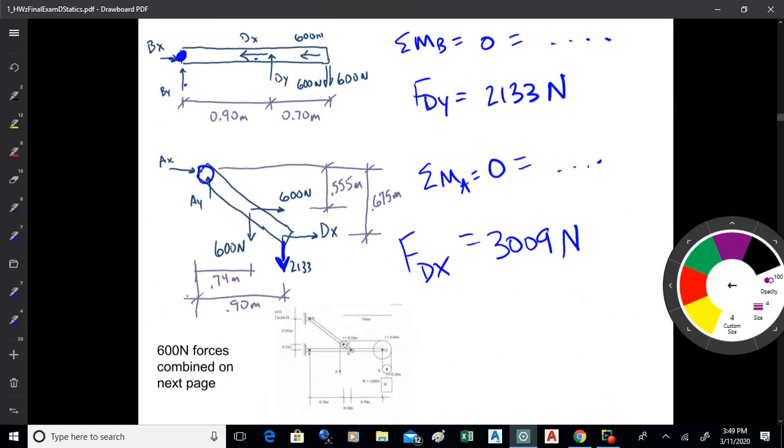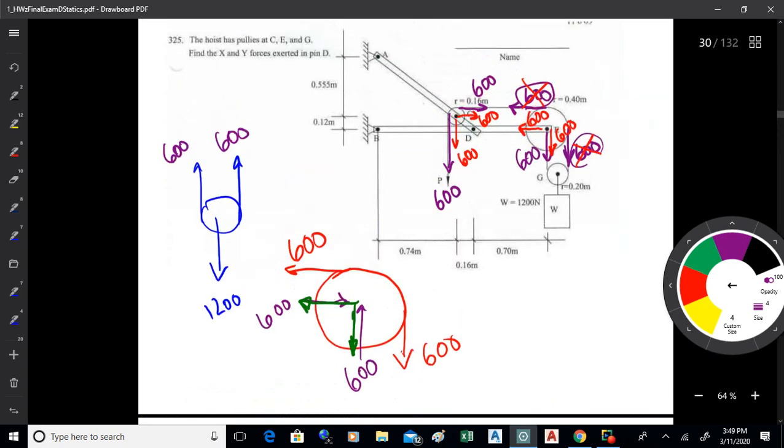That's because you're holding up the 1200 newtons down there, and so if you draw a free body diagram of that pulley, you got 1200 up, and you got these two tensions going up. So they're going to be 600 to balance the 1200 down. And then that 600 will work its way around.